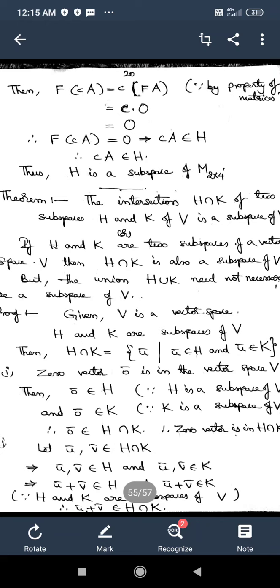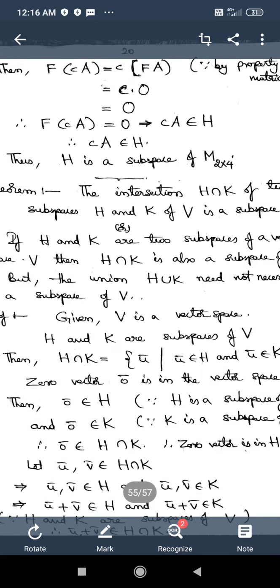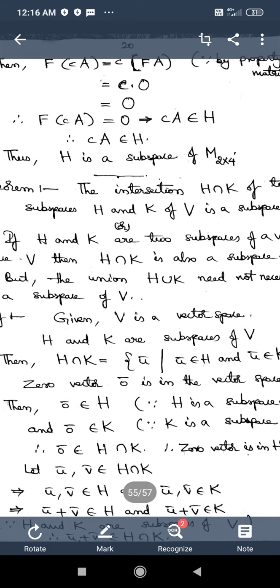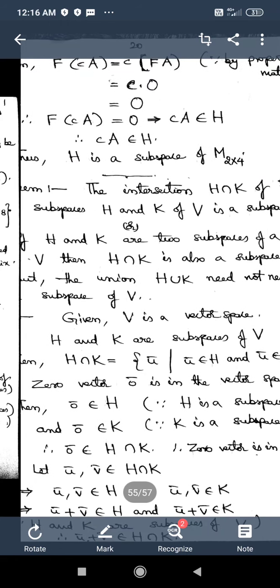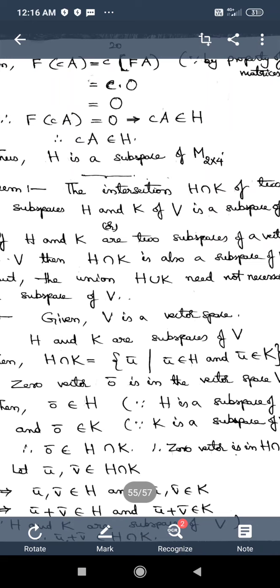And 0 bar belongs to H by the reason that H is a subspace of V, and 0 bar belongs to K by the reason that K is a subspace of V. So now we could see that 0 bar belongs to H and at the same time 0 bar belongs to K. This means 0 bar belongs to their intersection also.